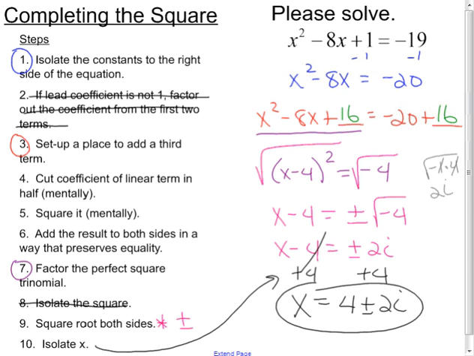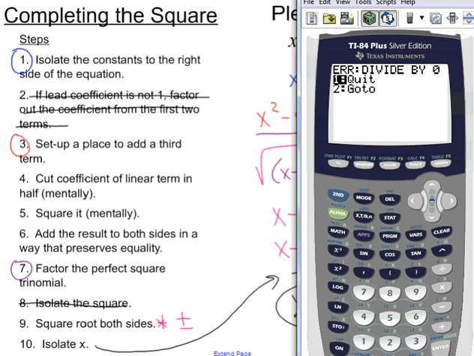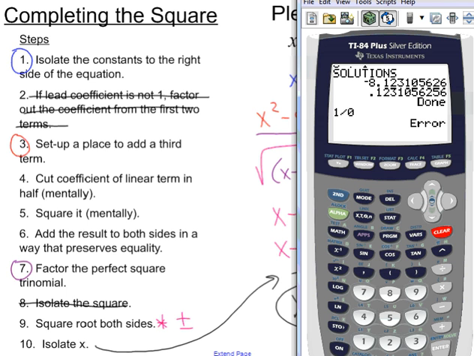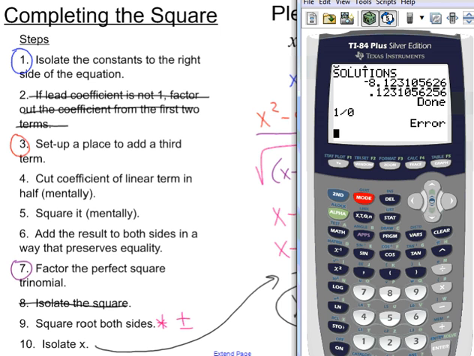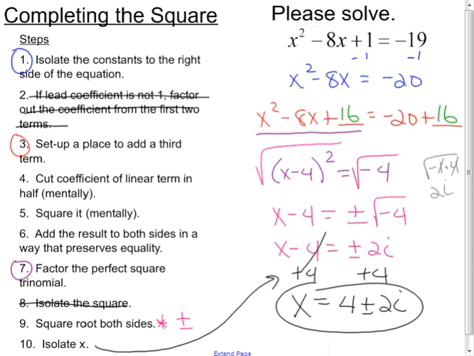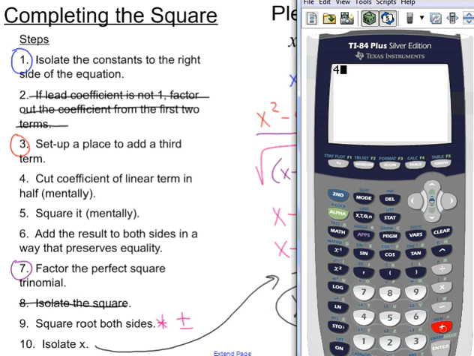Now, if you wanted to be able to check that on your calculator, the only thing you would need to do is make sure that you put your calculator in imaginary mode, because we've got an imaginary answer here. So scrolling down by hitting mode, over to a plus bi, hitting enter, going to your home window, and then we'll store that value of 4 plus 2i, 4 plus 2 second decimal point.